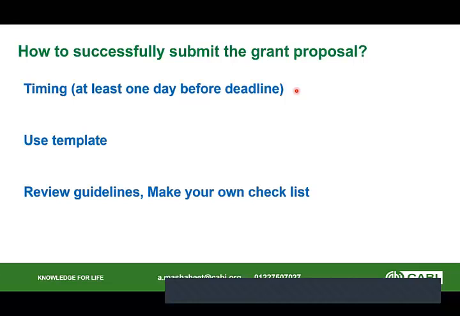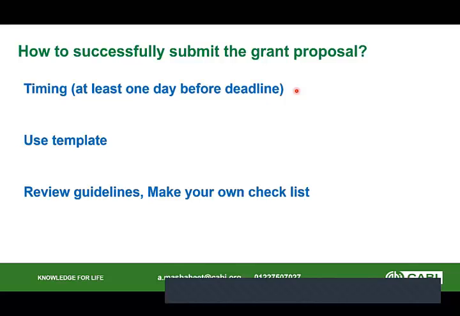So you should not risk it. You should aim to submit at least one day before the deadline. And even if something wrong happened, at least you still have one more day. So don't shoot for submitting the proposal in the very last minute.